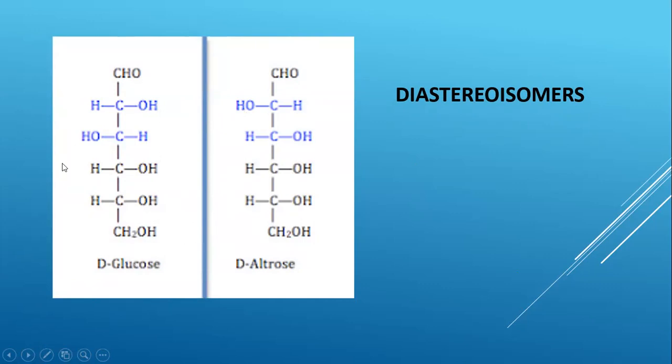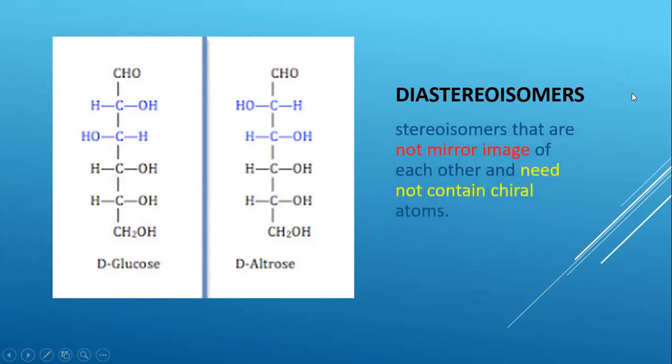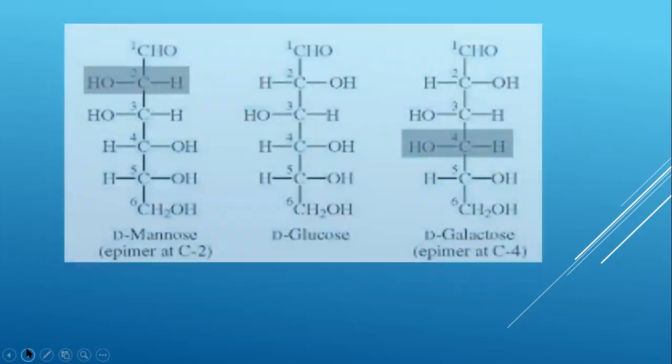Because of these differences, this is now glucose and this is maltose. When stereoisomers are not mirror images of each other, you see what we have here? They are stereoisomers, but they are not mirror images of each other.